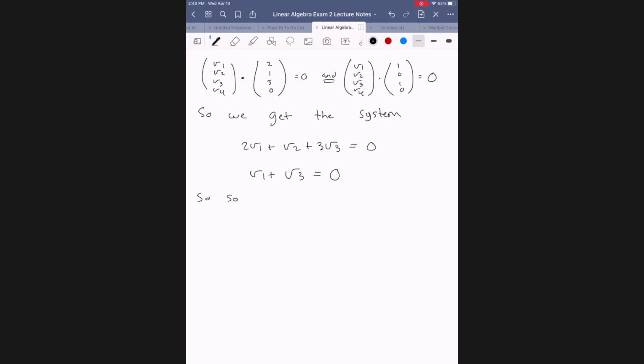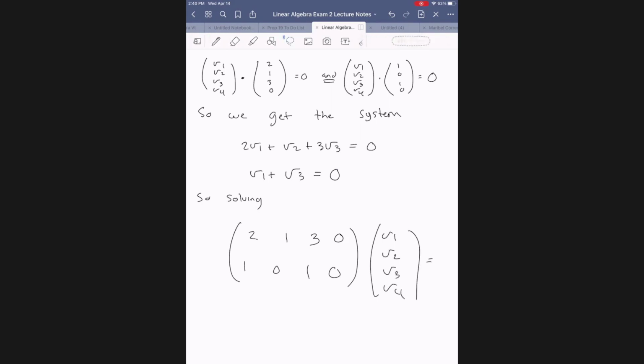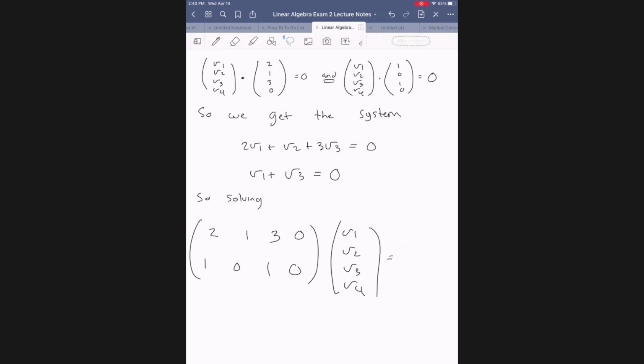So solving for v1, v2. Oh wait, oops, I forgot that there's a fourth component, 0 and 0. V1, V2, V3, V4, and we want to know when this is equal to 0, right?